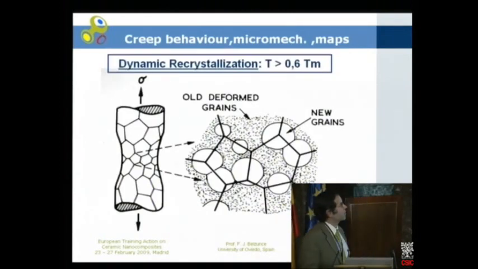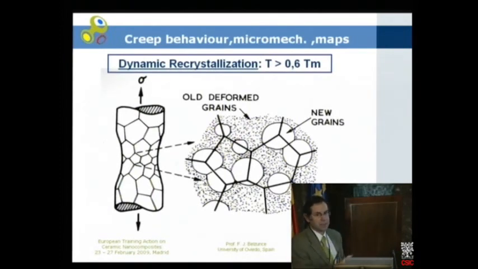Also, it's important to take into account that when we are dealing with temperatures higher than 0.6 of the melting temperature of the material, some dynamic recrystallization can take place. And in this case, if this is the microstructure of this material, there can be some points in which the internal energy is the highest, for example, a triple point or a boundary region, as you can see here, where new grains are formed at the expense of the old deformed grain.